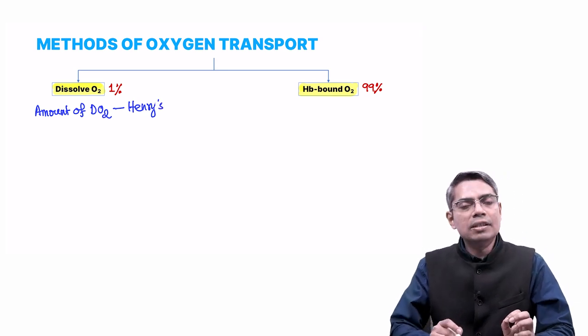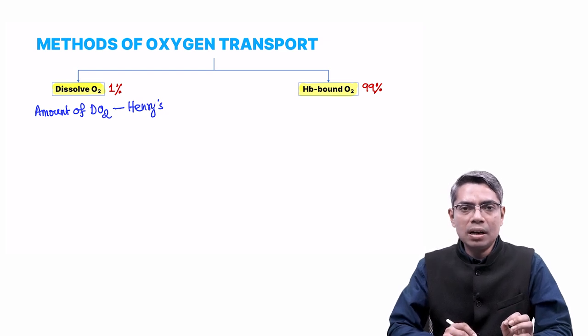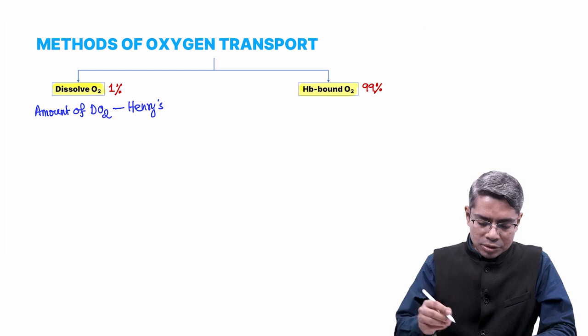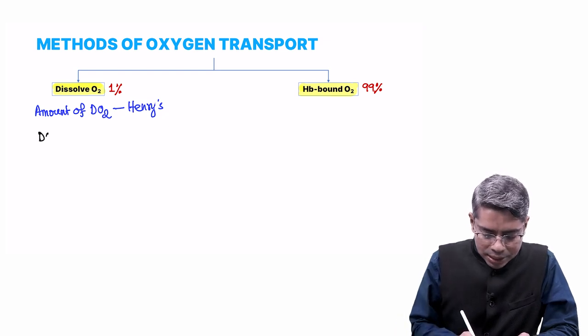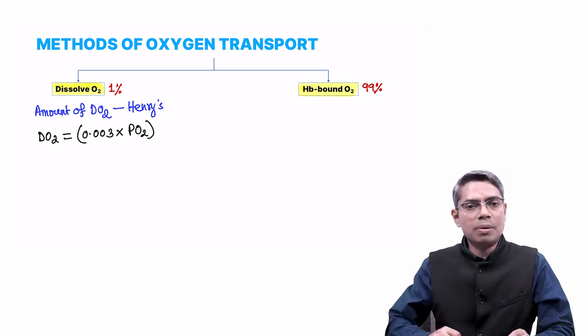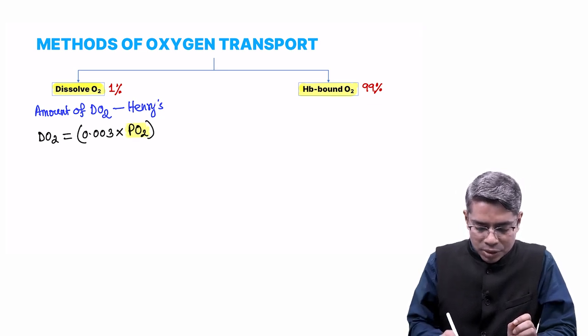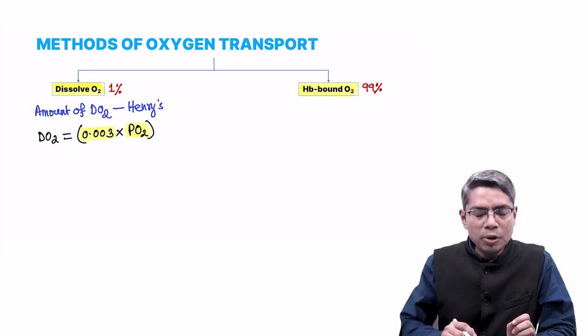Henry's law says that dissolved oxygen is directly proportional to the partial pressure of oxygen in the arterial blood. So according to this law, the dissolved oxygen content of the arterial blood will be 0.003 multiplied by the partial pressure of oxygen in the blood.